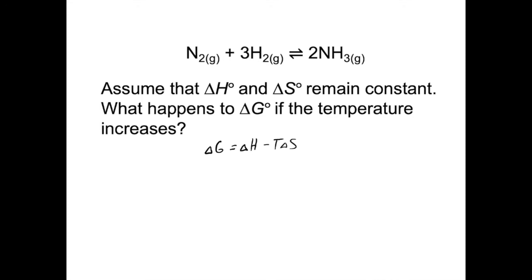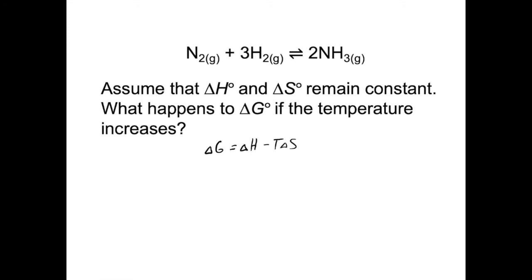Is an increasing temperature going to make that T delta S term bigger or smaller? Just from looking at the reaction, you can estimate the sign of delta S. Here everything is a gas, but you're going from 4 molecules of gas on the left-hand side of the reaction to 2 moles of gas on the right-hand side. So you're going from a more complex system to a less complex system, so you're losing entropy. So the sign of delta S here is negative.